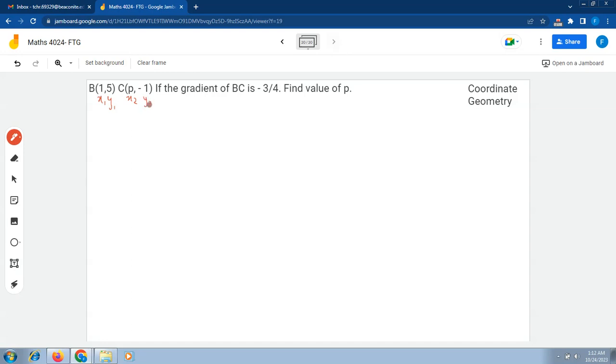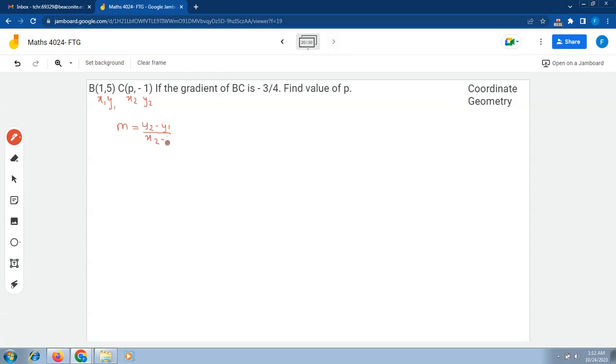Since gradient is given, I will be using the formula for the gradient, that is y2 minus y1 upon x2 minus x1. Now I have all the values of y2, y1, x2 and x1, and I also know the value of gradient as well. So I will plug in the values and find the value of P.